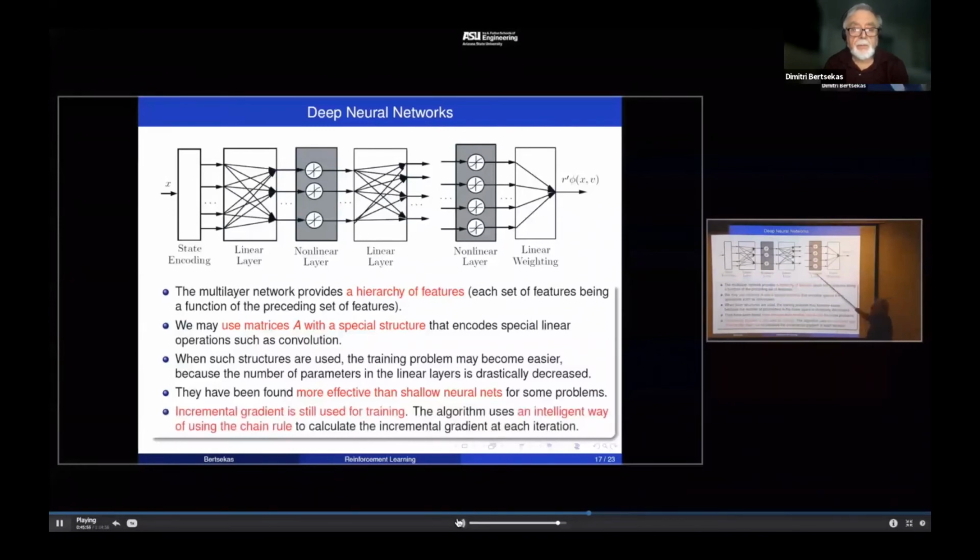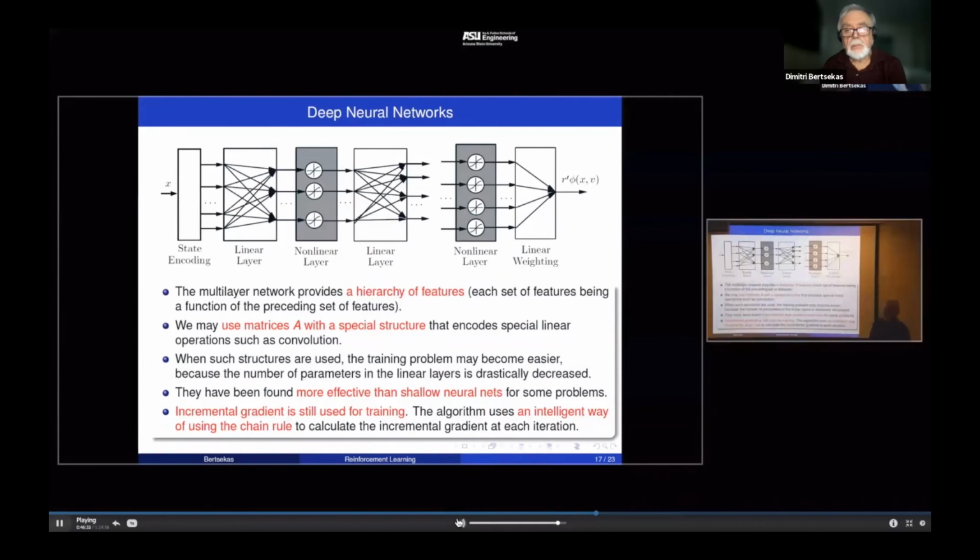Now one thing about deep neural networks is in order to use the incremental gradient method, which is still the most popular, you have to calculate gradients that propagate all the way through this complicated structure. How do you calculate these gradients? Well, with a single layer, it's pretty straightforward to calculate the gradient with respect to the parameters, but here you have this concatenation of layers, this composition of functions, and you have to use the chain rule to calculate the gradients with respect to the parameters of each one of those.